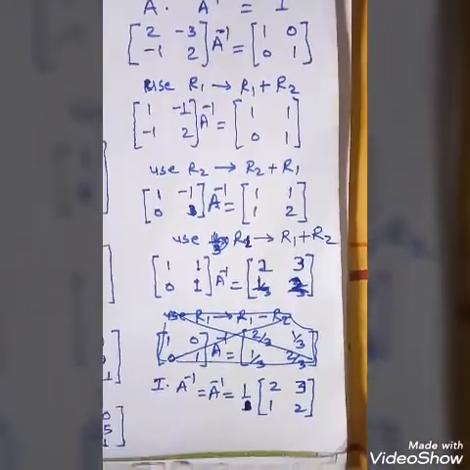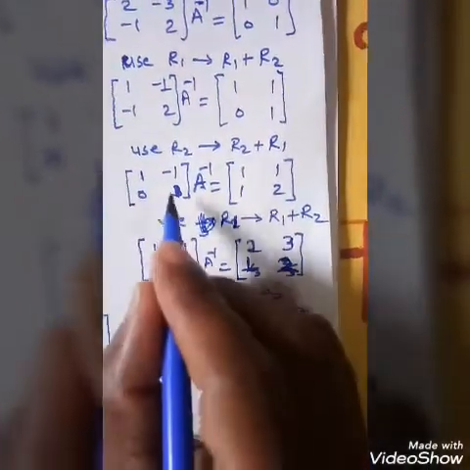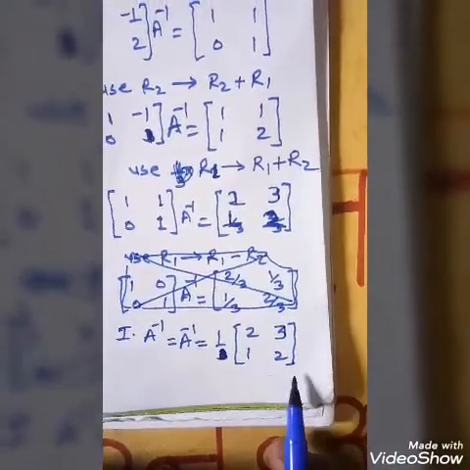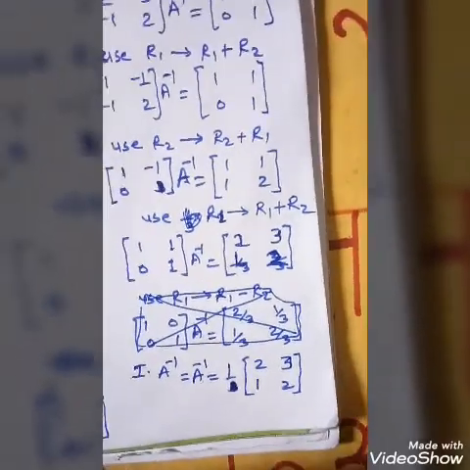And in this way we get the inverse of an order 2 matrix. Lastly, 1 by 3 times 2 1, 1 2. Okay, thank you.